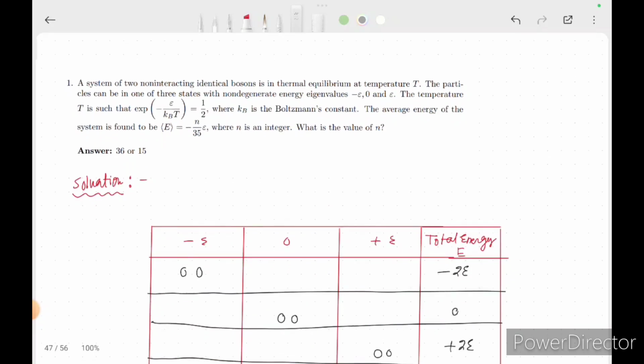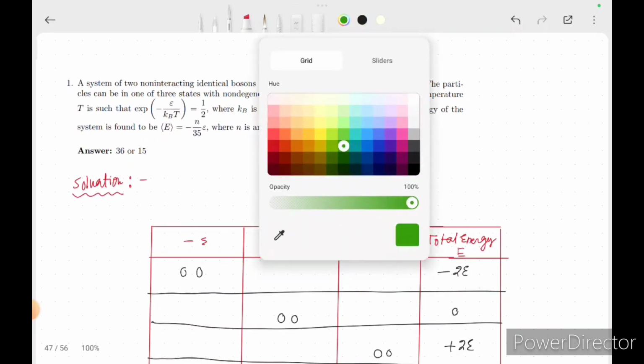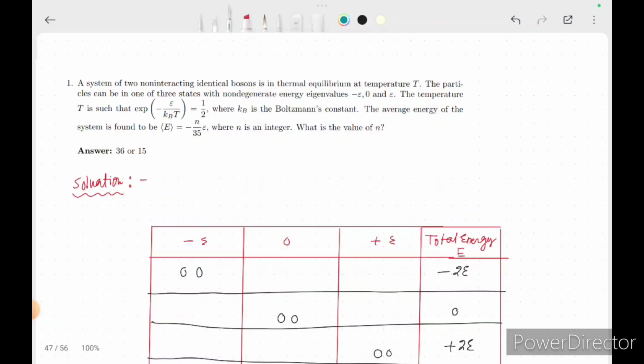So this is the first question of the NAT type question paper. A system of two non-interacting identical bosons is in thermal equilibrium at temperature T. The particles can be in one of three states with non-degenerate energy eigenvalues minus epsilon, 0 and plus epsilon.